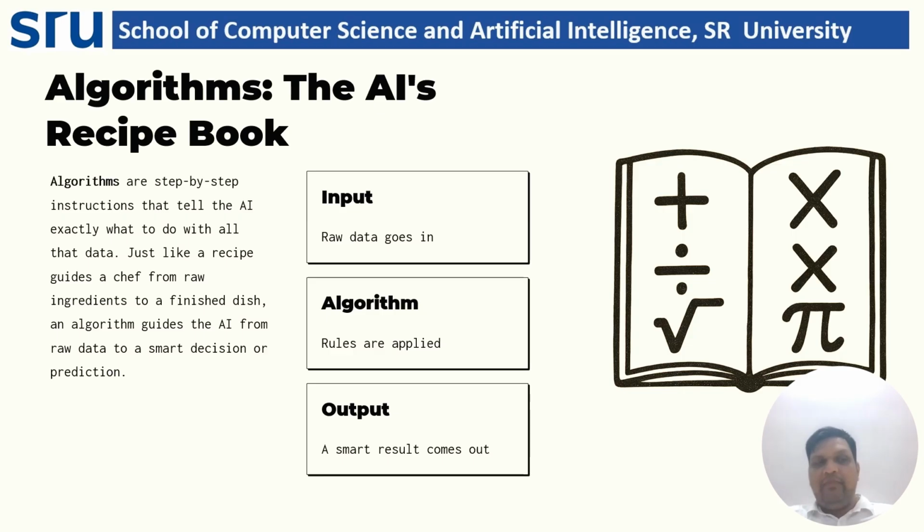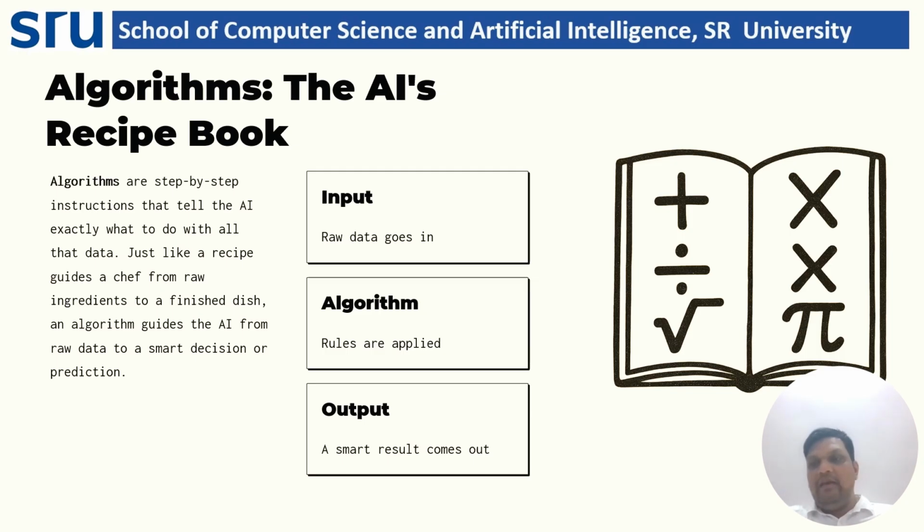Just like a recipe guides a chef from raw ingredients to a finished dish, an algorithm guides the AI from raw data to a smart decision or prediction. Here, input: raw data goes in, algorithm: rules are applied, output: smart results come out.